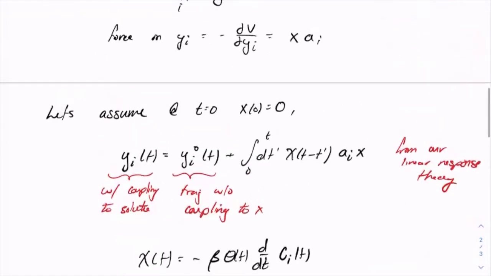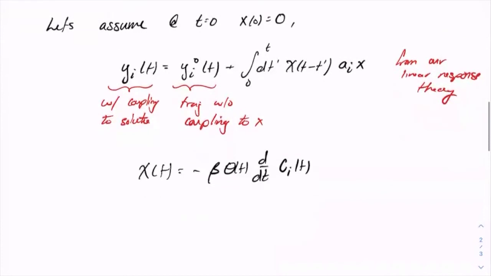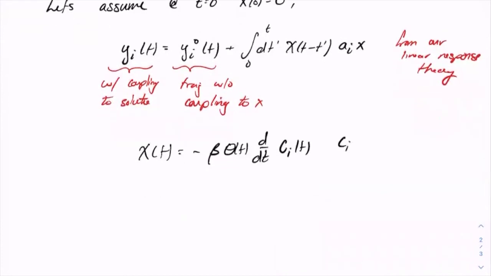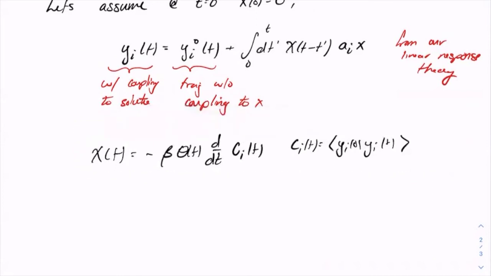If I'm acting linearly on the y's, then that correlation function is yi at 0, yi at t. So we can further assume that these harmonic degrees of freedom have equilibrium positions where y on average is just 0.